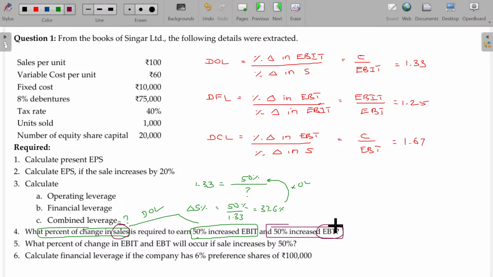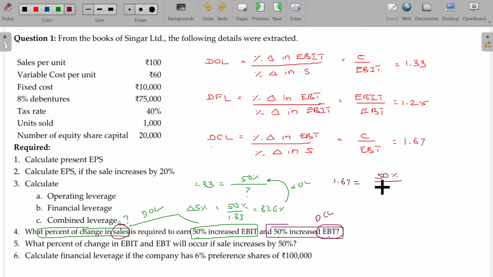In terms of percentage, the sales and EBT link is in degree of combined leverage. The degree of combined leverage being 1.67, in numerator, percentage change in EBT being 50%, divided by percentage change in sales.